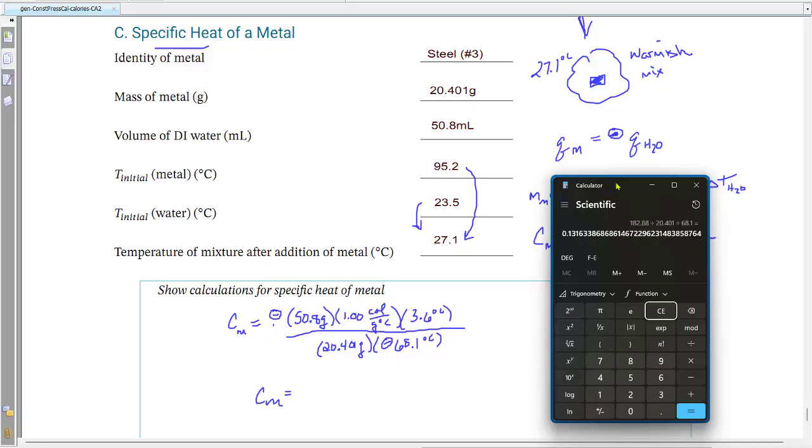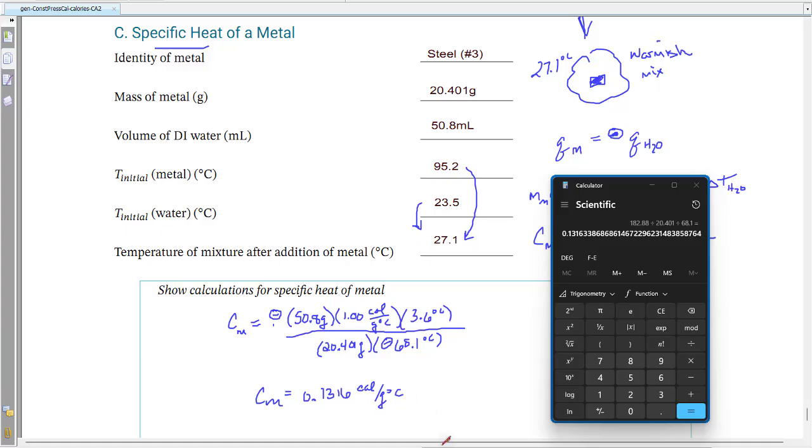That gives me this number of 0.1316. What are my units? Calories per gram degree Celsius. I know those units because it's a specific heat, but also because my grams canceled here, my degrees canceled here, and so what I'm left with is this compound unit here. So 0.1316 calories per gram degree Celsius.